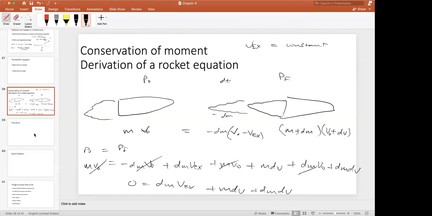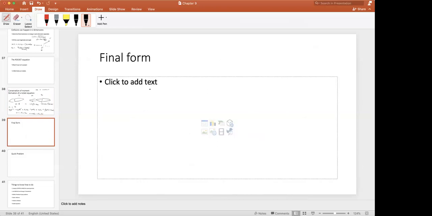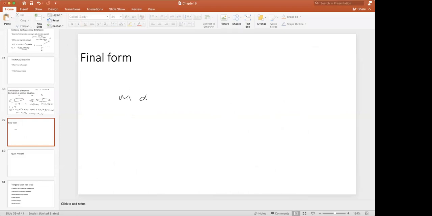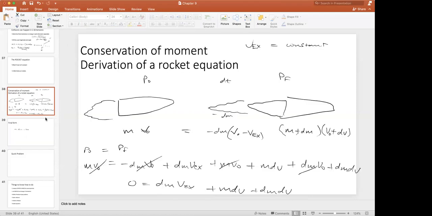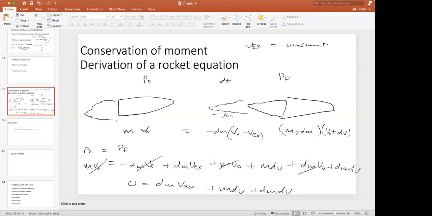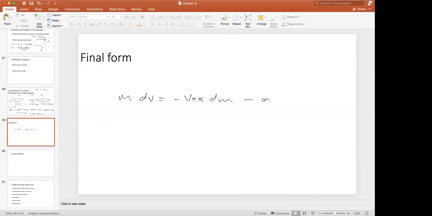So let's move this to the next page, and I'm going to move this one over. So I'm going to write m dv is equal to minus v exhaust dm, minus, if I move both of those over, minus dm dv.